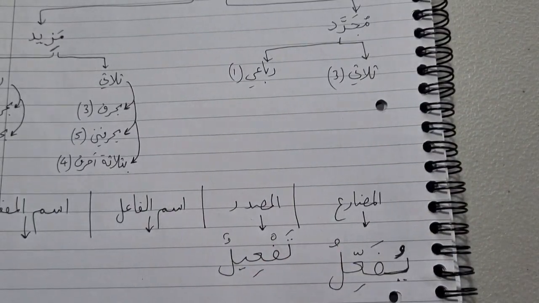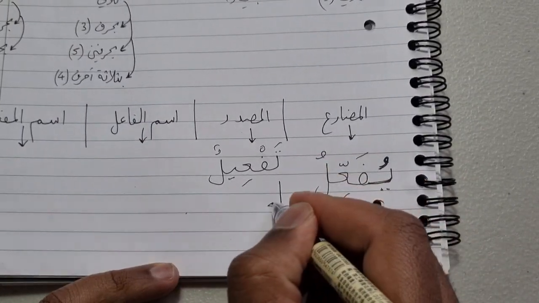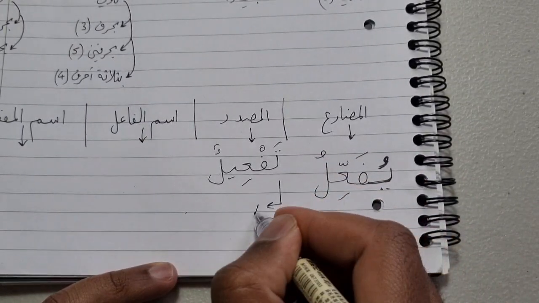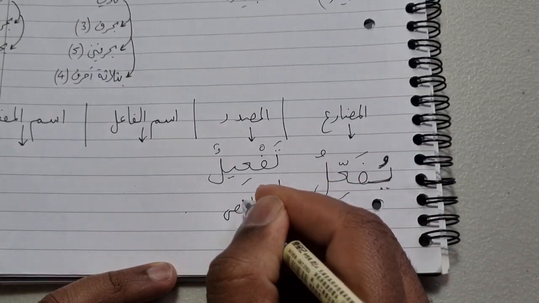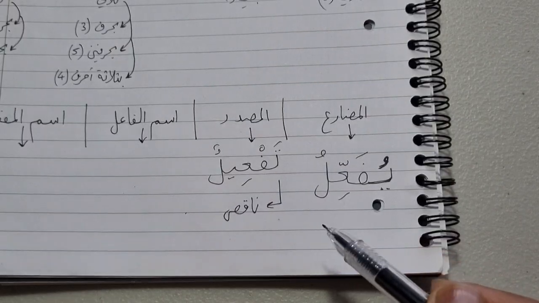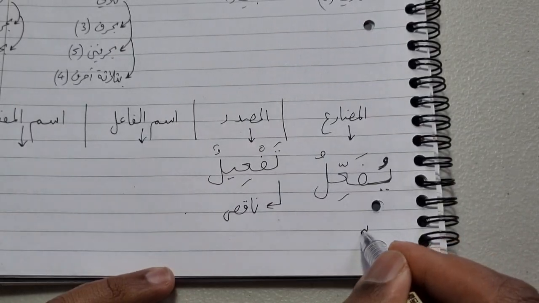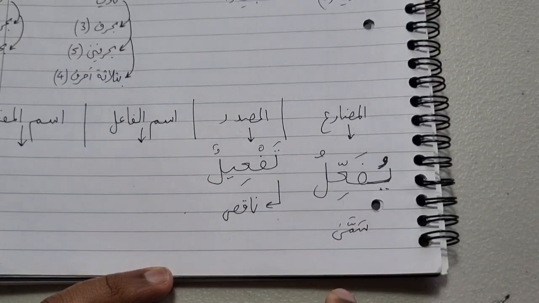It doesn't change. But you need to bear in mind that if the fi'l is naqis, fa'ala, and it's naqis, what does naqis mean? Naqis means the lam al-kalima is a harf illa, like samma, for example. That's a harf illa, right? Samma.